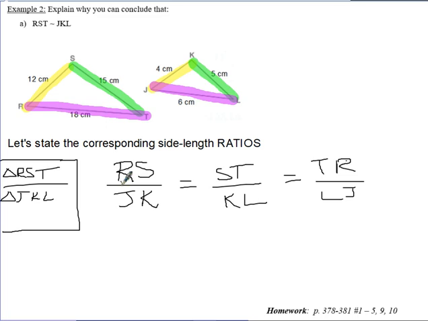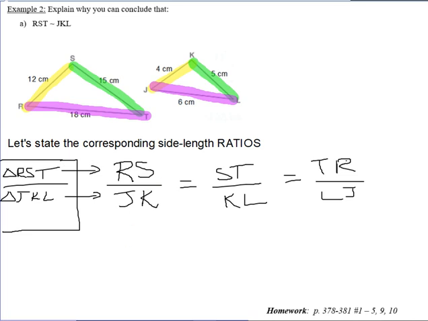Now that we've kept it consistent, this is all triangle RST, and this is all triangle JKL. If you ever flip and flop the triangles, you might mess this right up. So always be consistent: one triangle on top, the other triangle on the bottom. It doesn't matter what's on top or on bottom. Personally, I like to put the bigger one on top, smaller one on the bottom. You might see why at the end here.